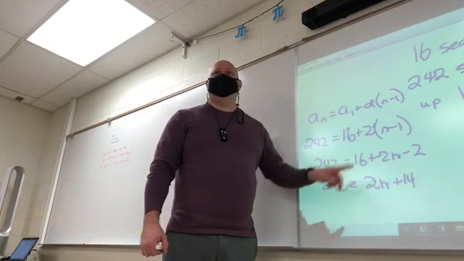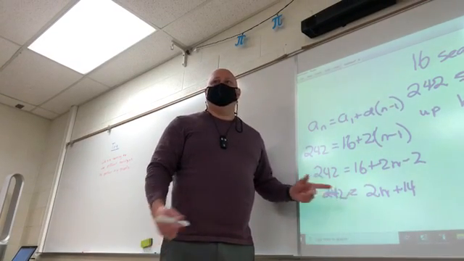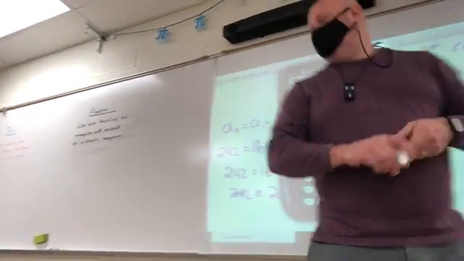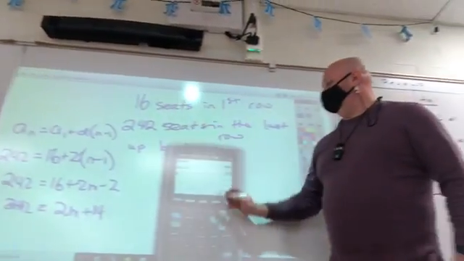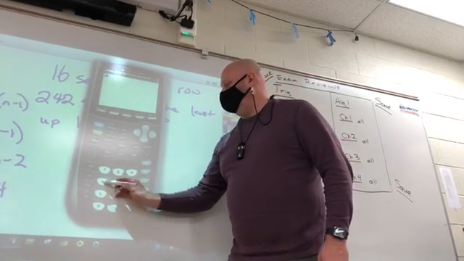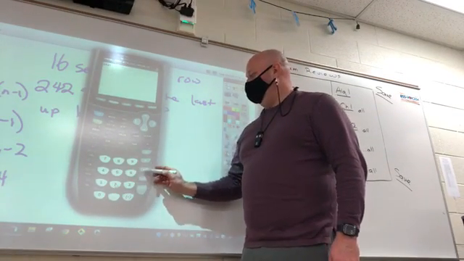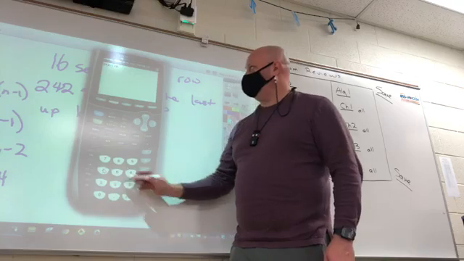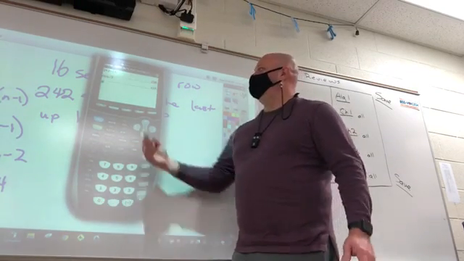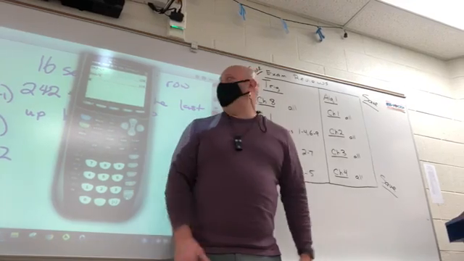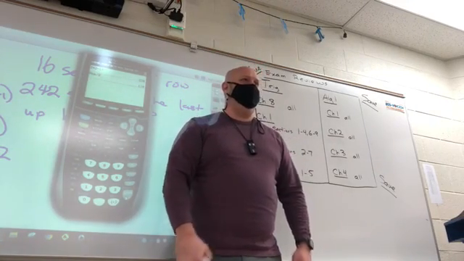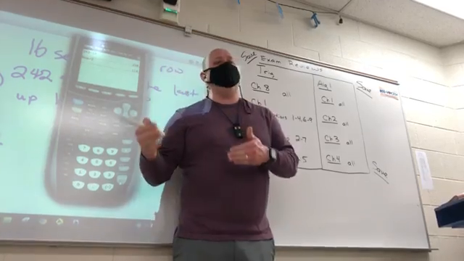Minus 14 and divide by 2. I can grab a calculator real easy. 242 minus the 14, divide that by 2. And I would know that there'd be 114 rows in that scenario. Right? So I can use it to solve for other things as well.